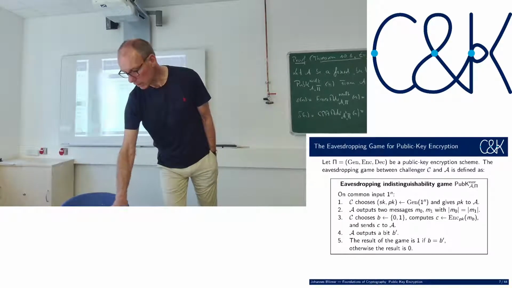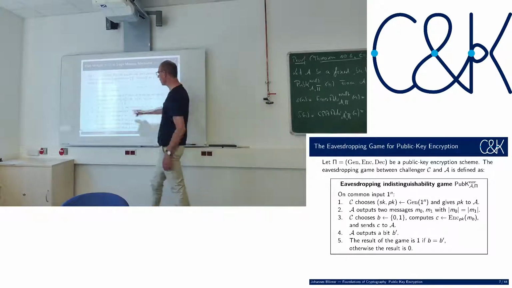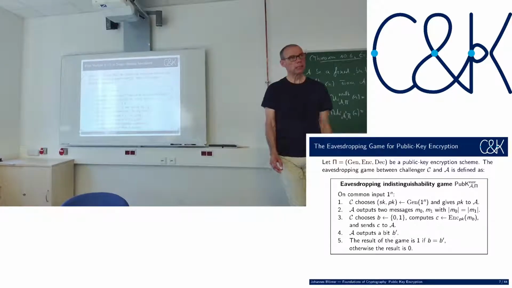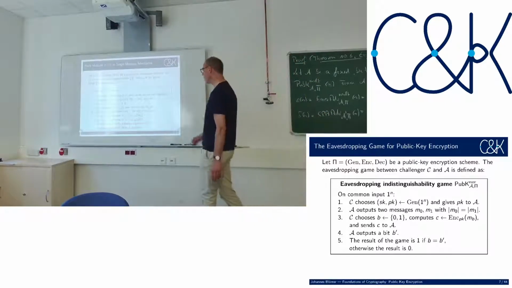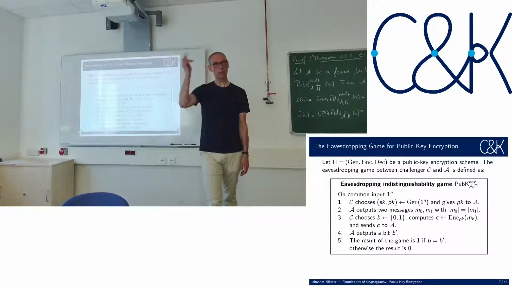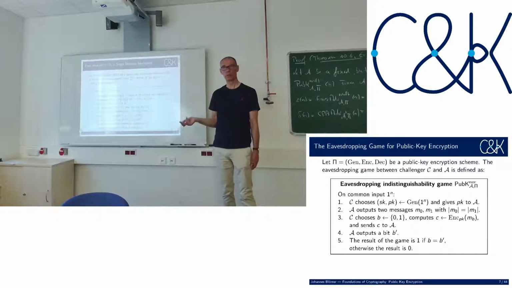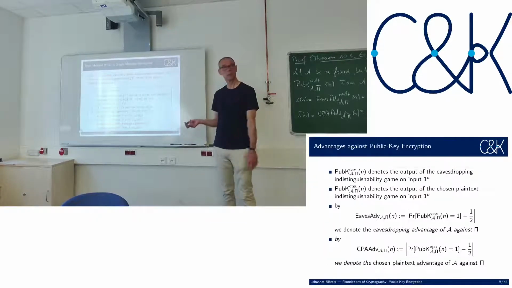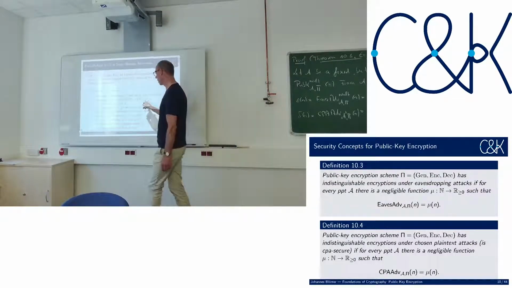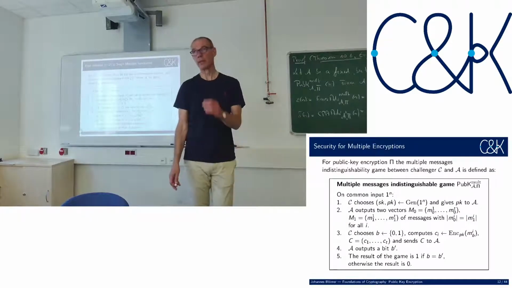So it simulates A with input 1 to the n and pk to obtain two vectors of messages, capital M0, which is M01, M02, and M1, which is M11, M12, where the messages in the corresponding positions have the same length.